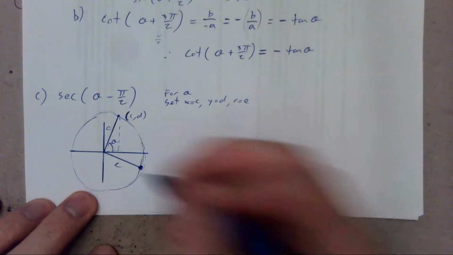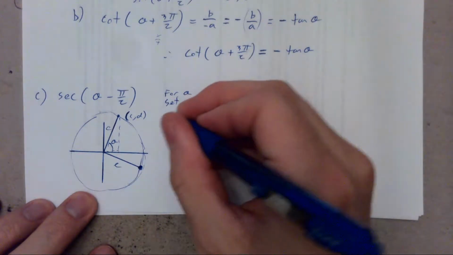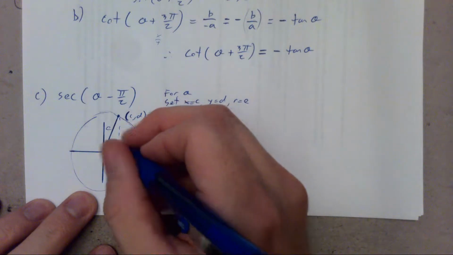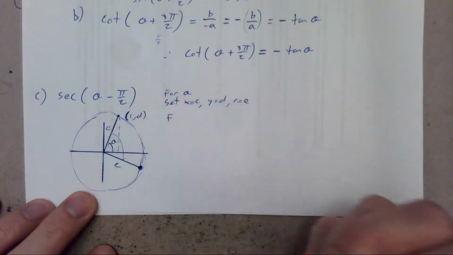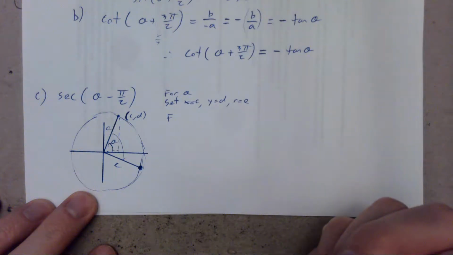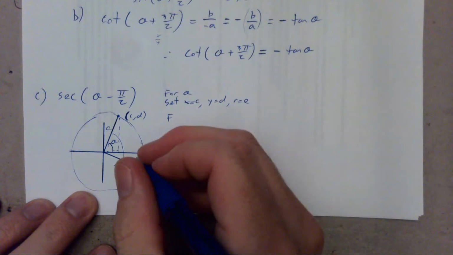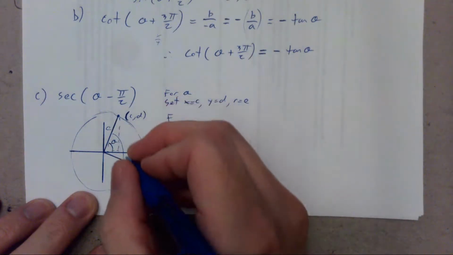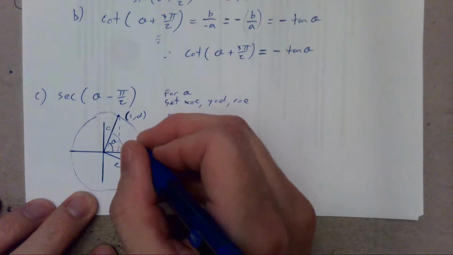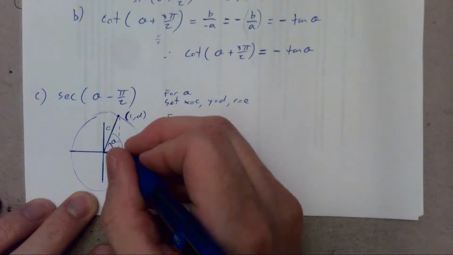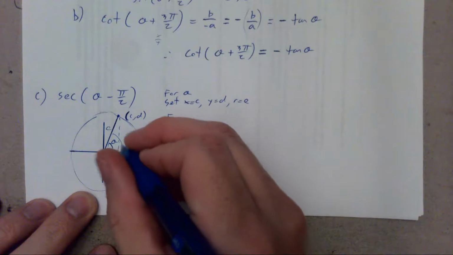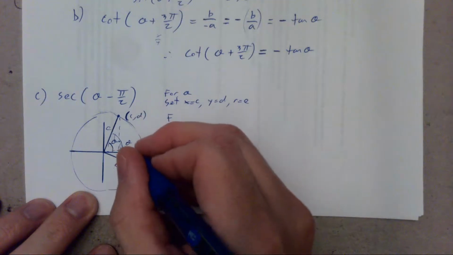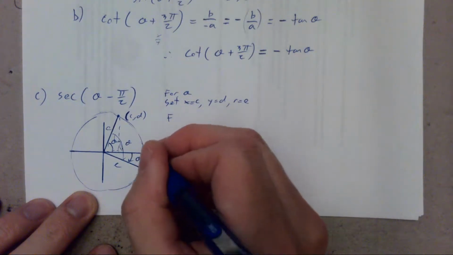So this should be the same C. Here is theta minus pi by 2. That right there is theta minus pi by 2.